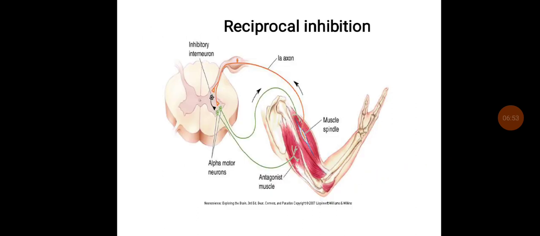This diagram shows reciprocal inhibition. With a normal stretch reflex in the agonist muscle, the afferent goes to the interneurons and acts on anterior motor neurons of the antagonist, leading to relaxation of the antagonist muscle. This is called reciprocal inhibition.